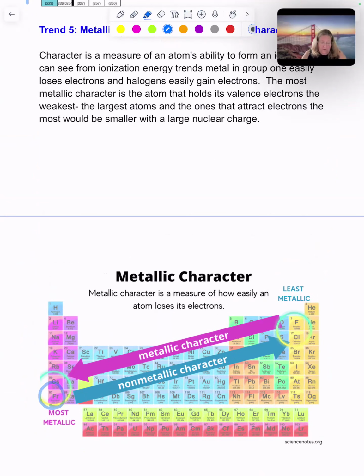It is our most metallic. And the one that's going to attract electrons to it the most is over here at fluorine. So metallic character is how easily an atom loses an electron. Non-metallic character is how easily it attracts an electron.